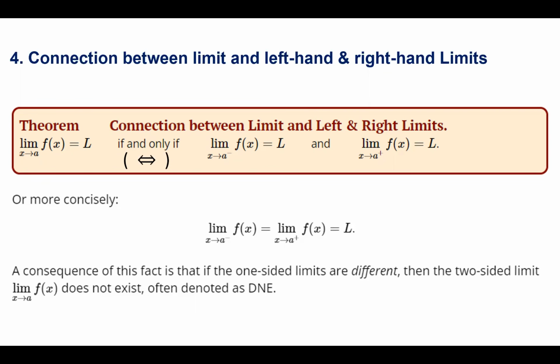More precisely, we have the following equation: the limit of f(x) when x approaches a from the left side equals the limit of f(x) when x approaches a from the right side equals L. A consequence of this fact is that if the one-sided limits are different, then the two-sided limit, the limit of f(x) when x approaches a, does not exist, often denoted as DNE. DNE means does not exist.